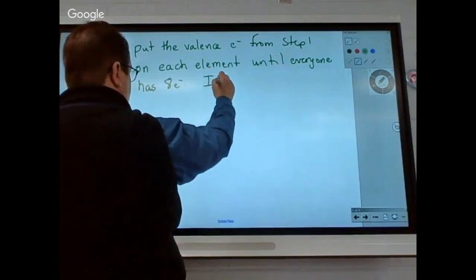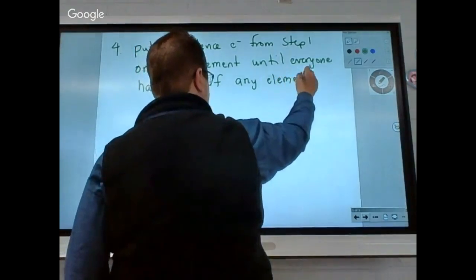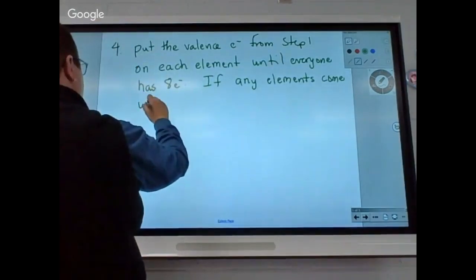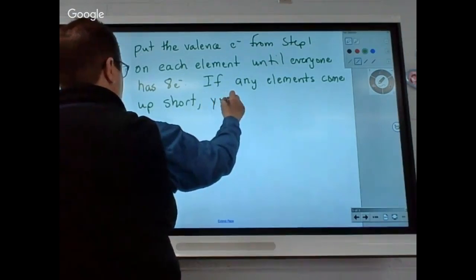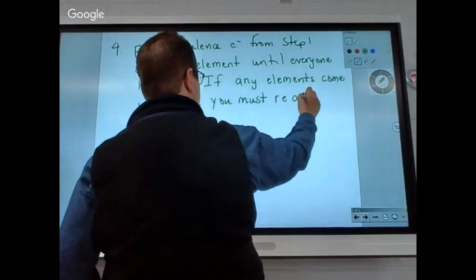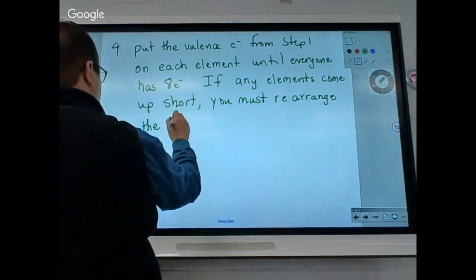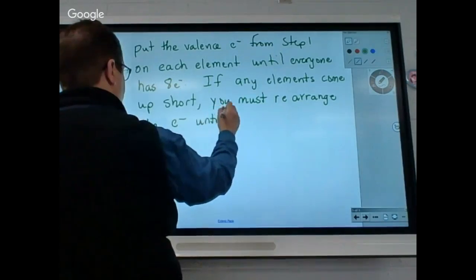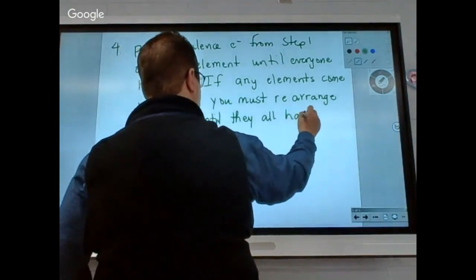If any elements come up short, you must rearrange the electrons until they all have 8.